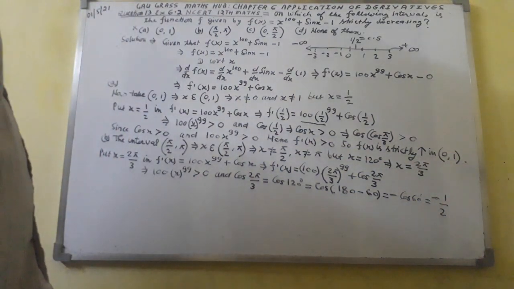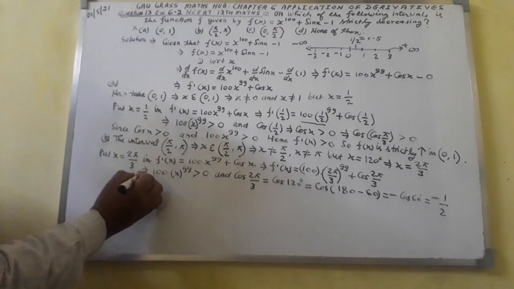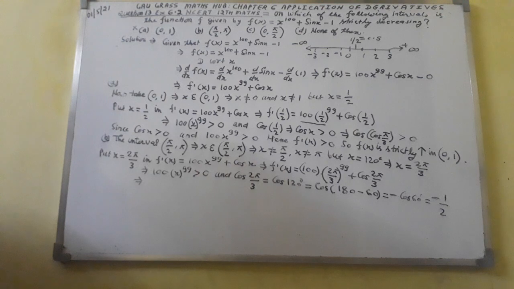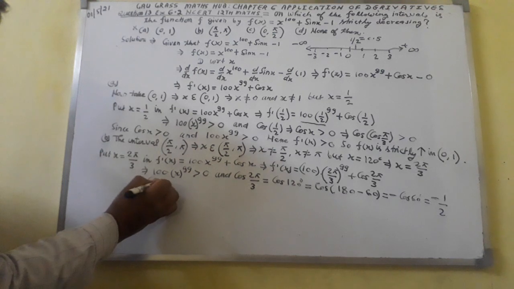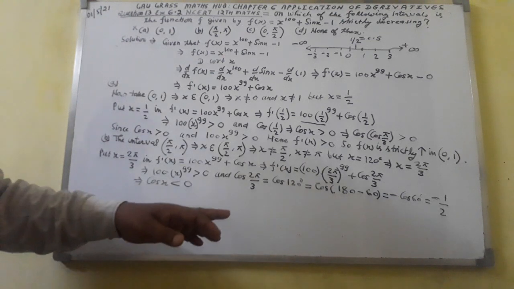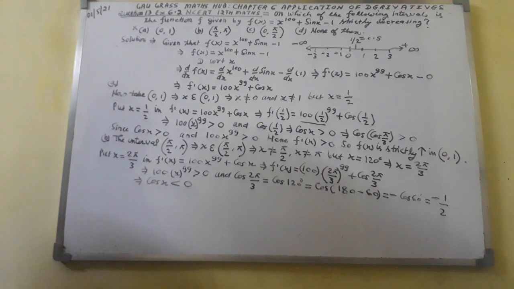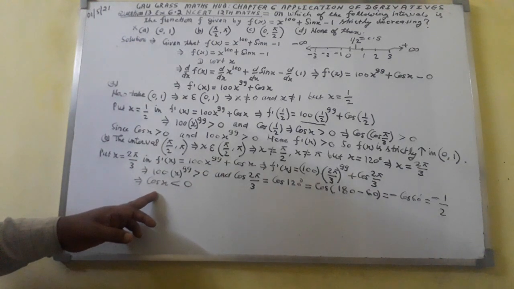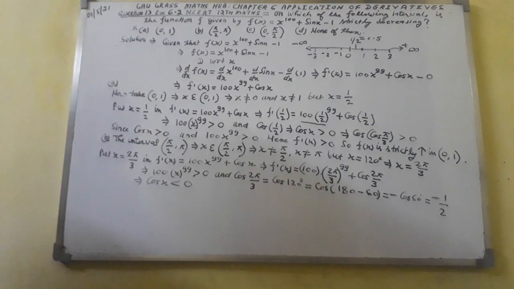So you have got again, implies that cos x is less than 0, because here you have got cos 120 degree equal to minus 1 over 2. This means that cos x is less than 0. Less than 0 means minus 1 over 2 is less than 0. So this thing we have got.